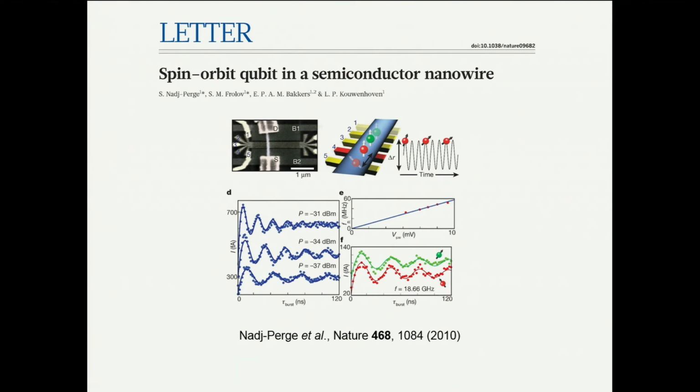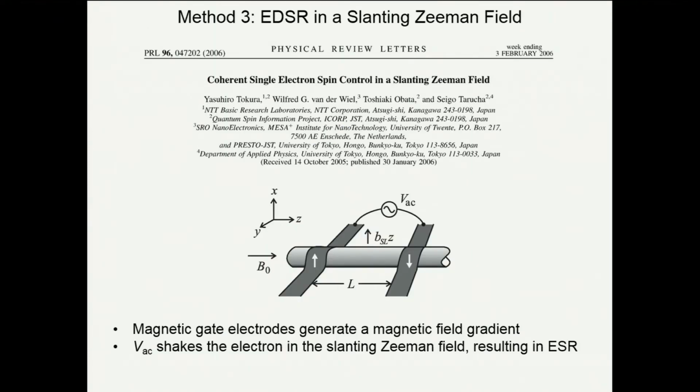They made a spin qubit out of the indium arsenide nanowire, and they showed that the spin orbit coupling allows you to drive really fast. If you look at the scale here, these are 30, 40 megahertz Rabi frequencies for single spin, driven electrically. And so you can see that by changing materials, sometimes you can get around these kind of pesky problems in terms of quantum control. All right, so that's the electrical driving.